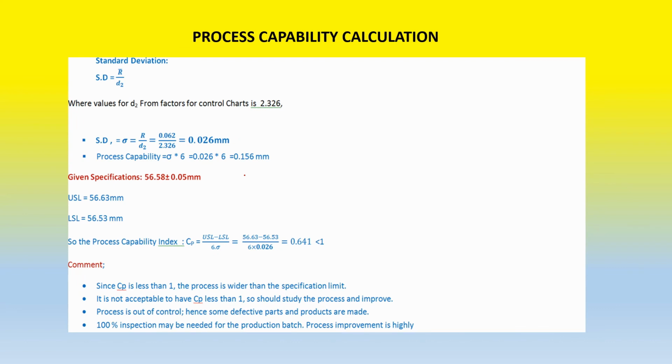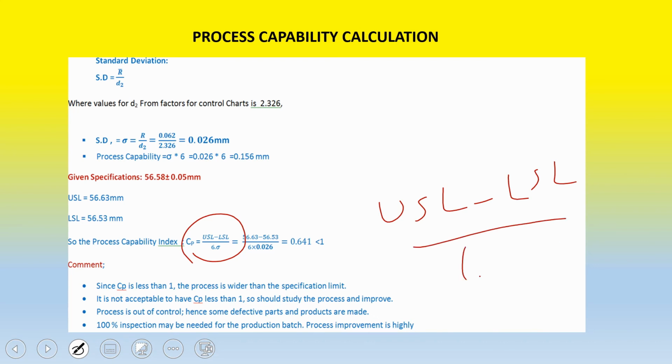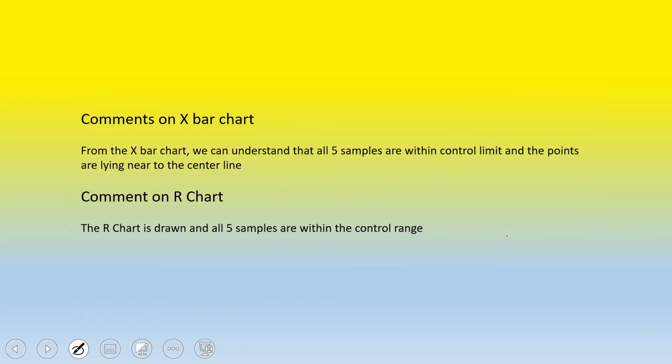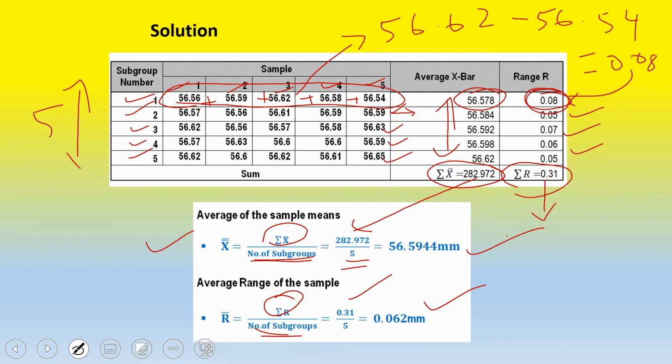Then how can we calculate the process capability? Process capability index Cp equals upper specification limit minus lower specification limit divided by 6 sigma. Upper control limit and upper specification limit are different. The upper specification limit will normally be given in the problem.